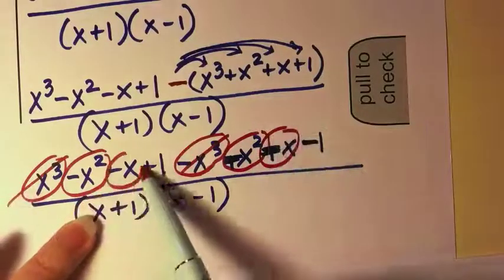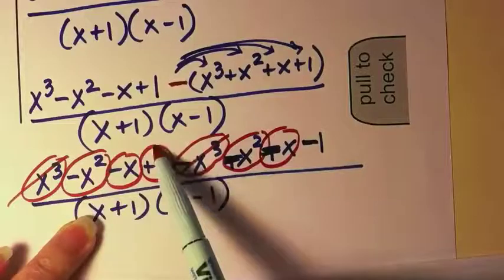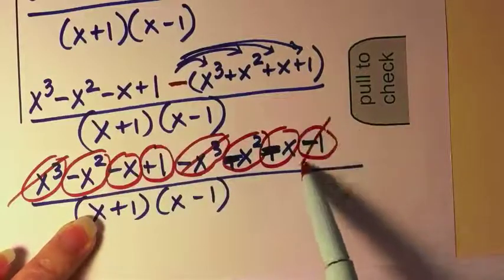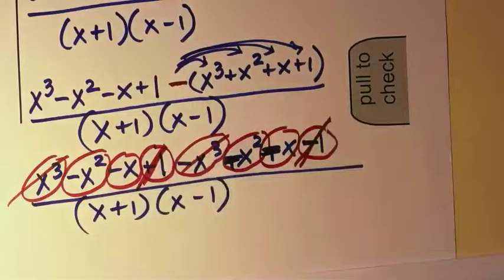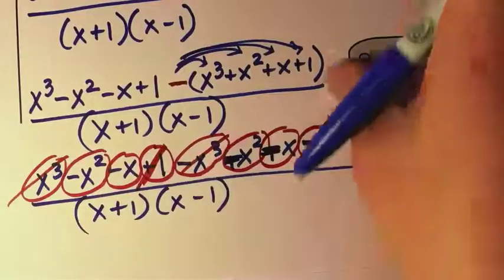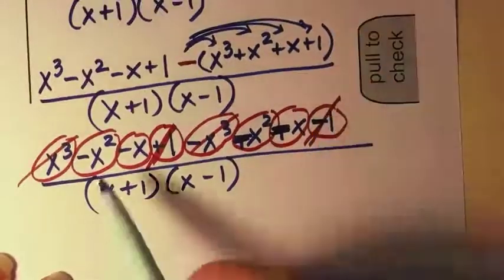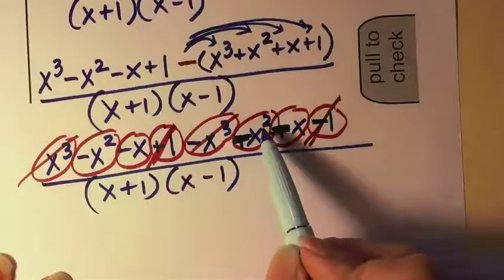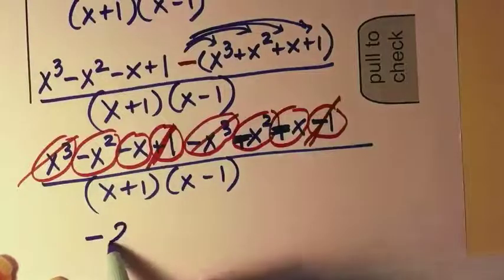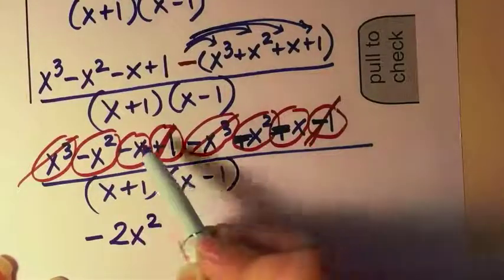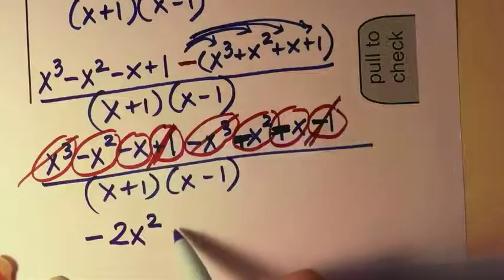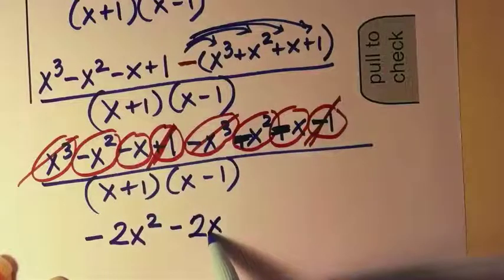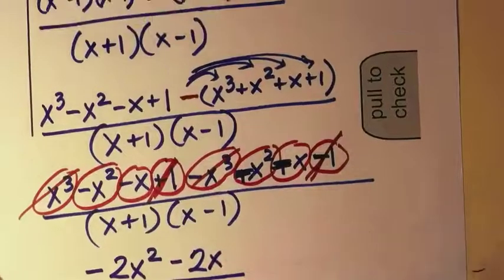Okay, these two stay. And then I notice I have a positive 1 and a negative 1. Now that cancels. Okay, so then I end up with, let's see, which one stayed? Our negative x squared and our negative x squared here. So that makes negative 2x squared. And I've got a negative x here and a negative x. That gives me another negative 2x all over an x plus 1, x minus 1.